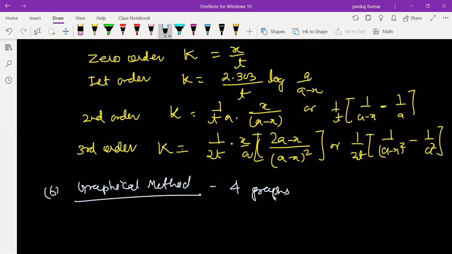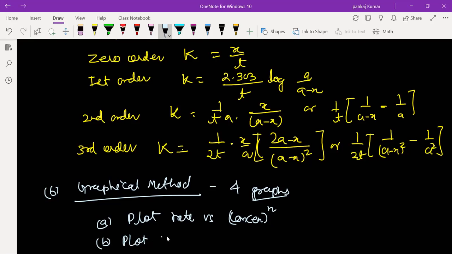One graph is to plot rate versus concentration raised to the power n. The second graph is to plot t half versus concentration.